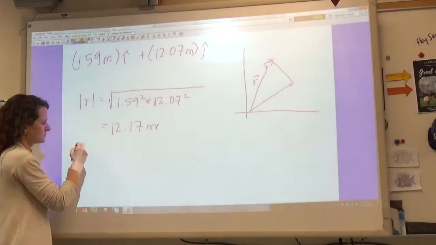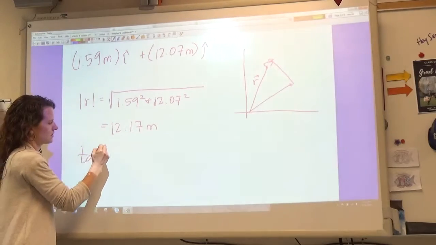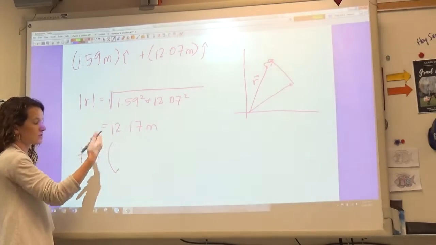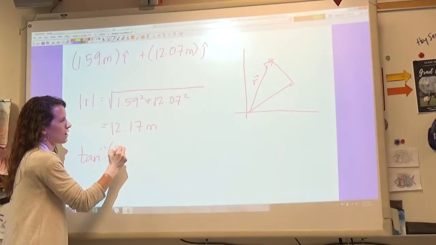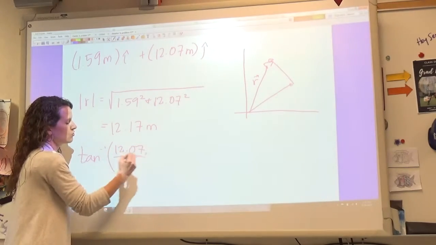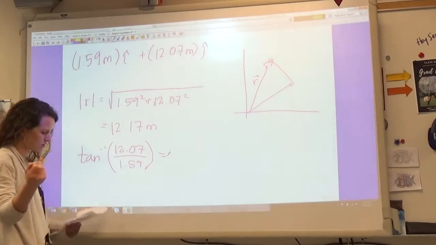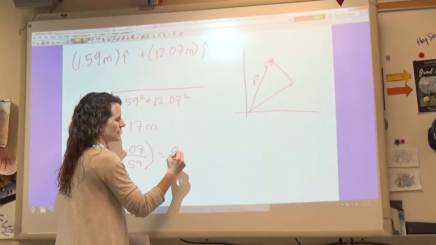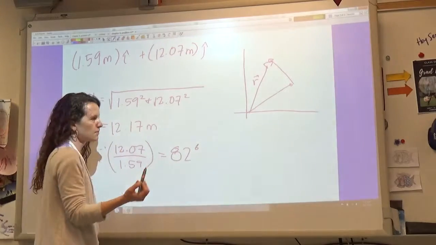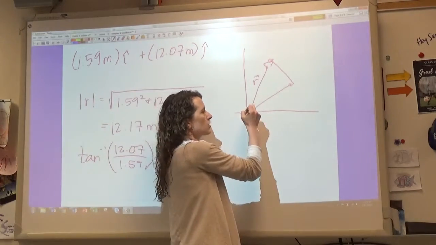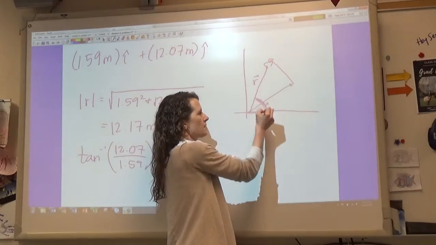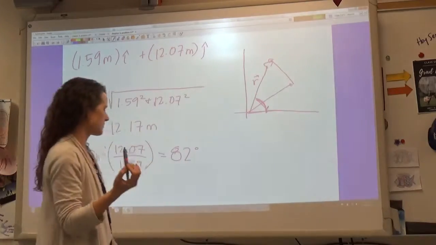And then for the angle, we just want to take the arc tangent of our y over our x, and this will give us our angle of 82 degrees, which is what it looks like. It's a large angle because it's all the way up to there, and so indeed that is the right answer.